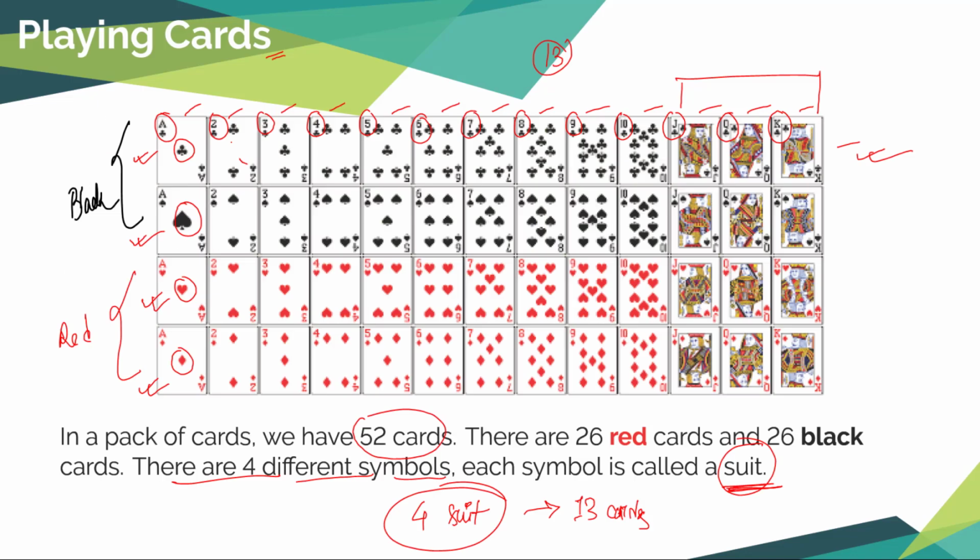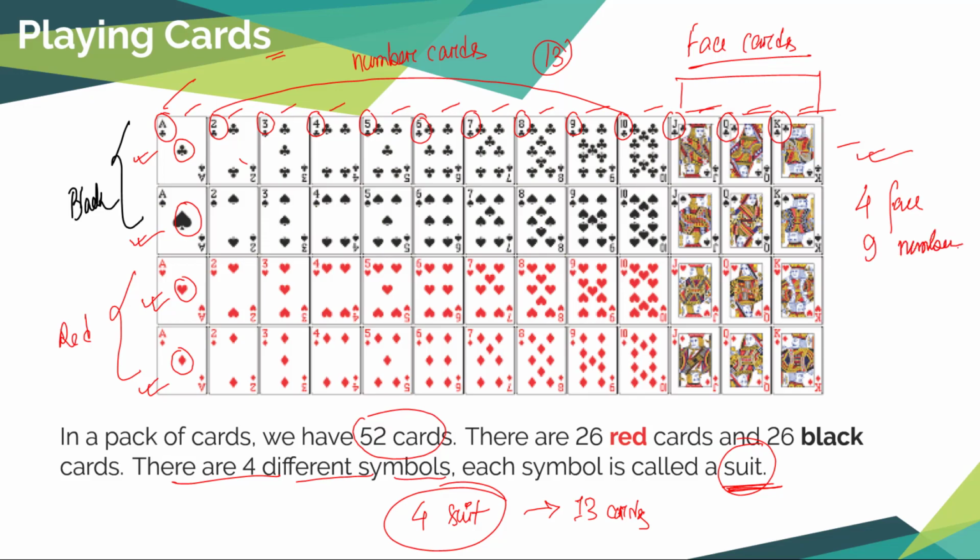Now in each suit there are some cards with numbers. These 2 to 10 are called number cards. And this A and this J, Q, K are called face cards, right? So in every suit there are 4 face cards and 9 number cards, right?